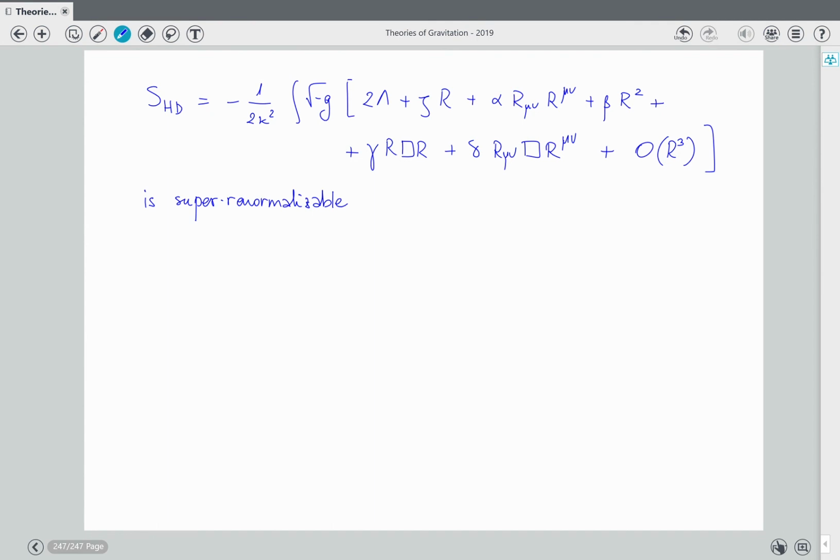Why is that? Because now the dominant term in the ultraviolet, dominant quadratic terms, are given by those. So you have phi, let's say delta, phi. How many derivatives? There are 2 derivatives in R mu nu, 2 derivatives in R mu nu, and a box. There are 6 derivatives.